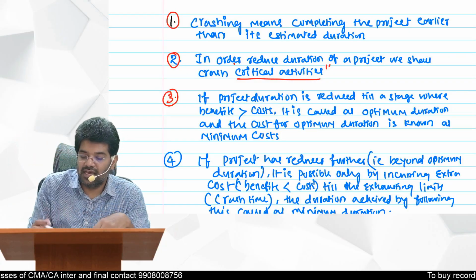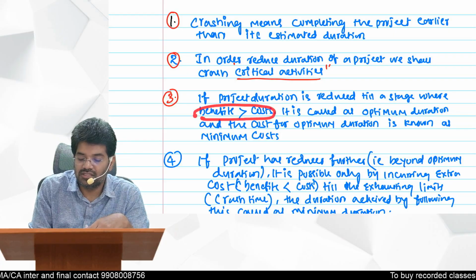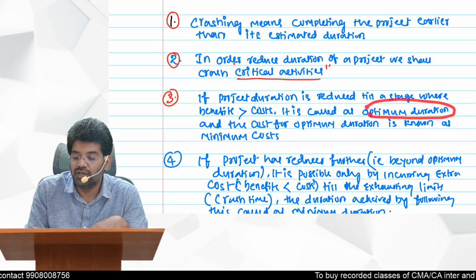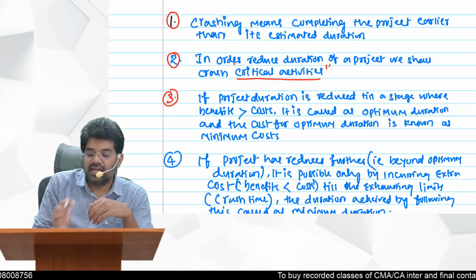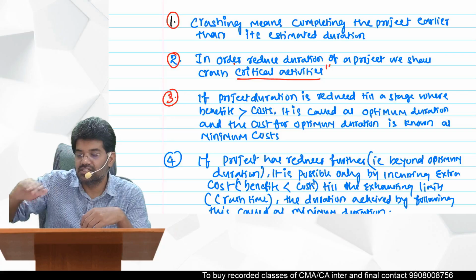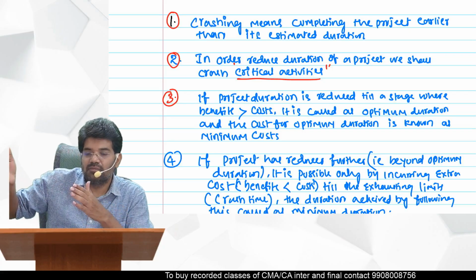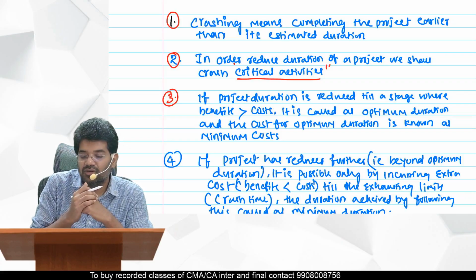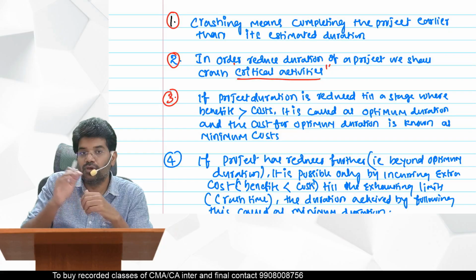So as long as your benefits are more than cost, to that point if you reduce, that is called the optimum duration. Satisfying this condition, whatever time you get by crashing is called the optimum duration. Now you might ask, sir, can we go beyond that also?